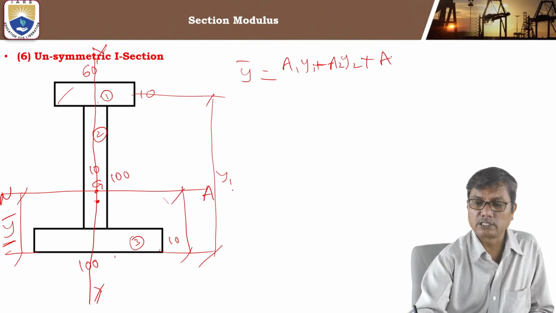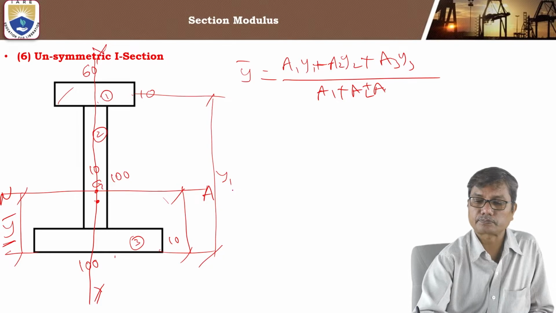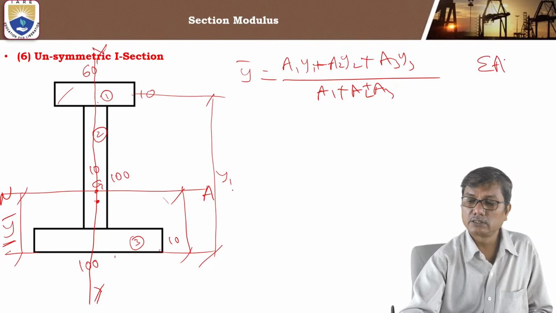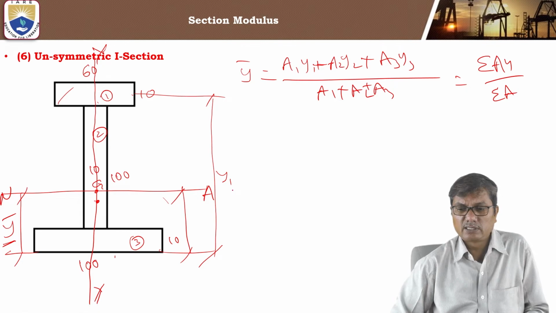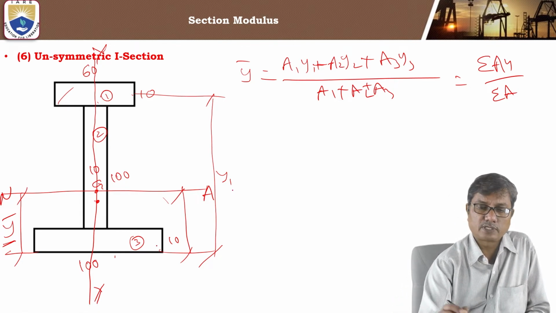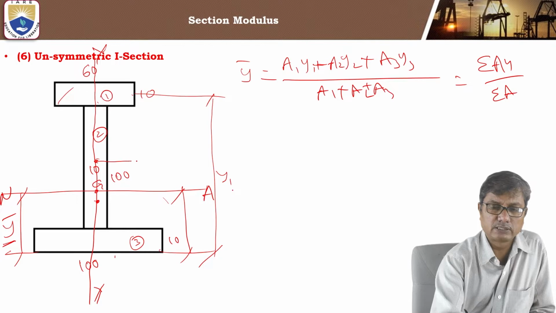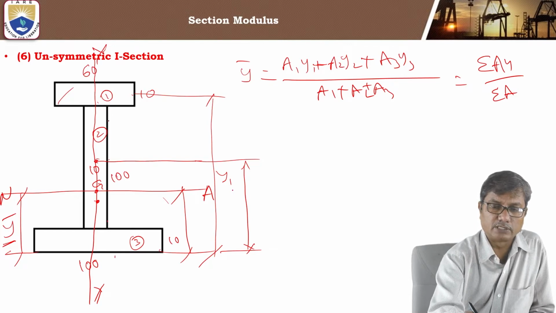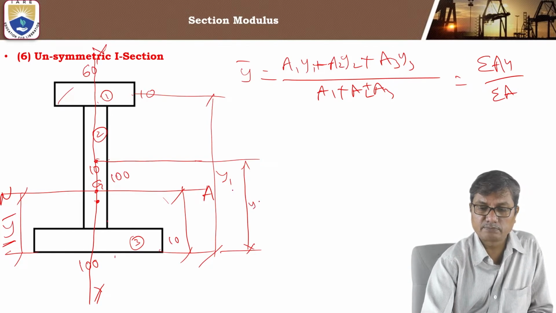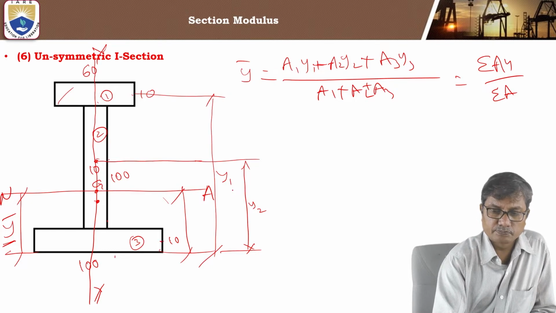So y bar is a1 y1 plus a2 y2 plus a3 y3 by a1 plus a2 plus a3. We can also write this as sigma ay by sigma a. Okay, it is clear. So this y1, y2, y3 are measured from the bottom edge. And how about the centroid of the web portion? It lies at its midpoint. From the bottom edge, its distance is taken as y2. Similarly for the third area, y3.